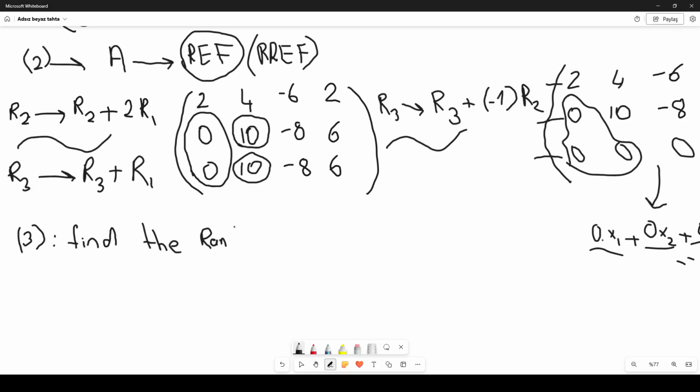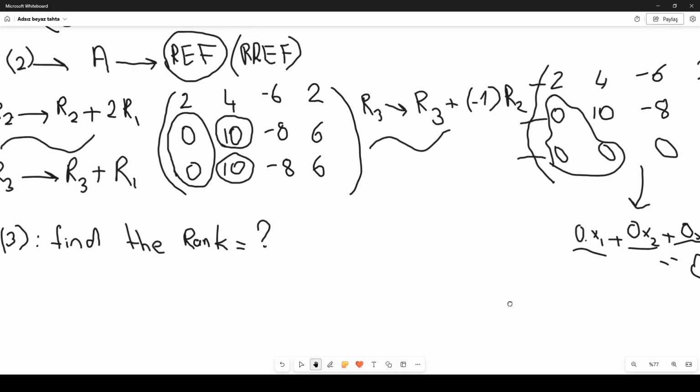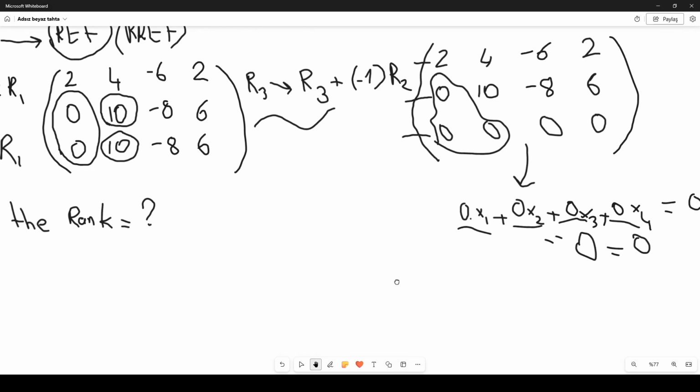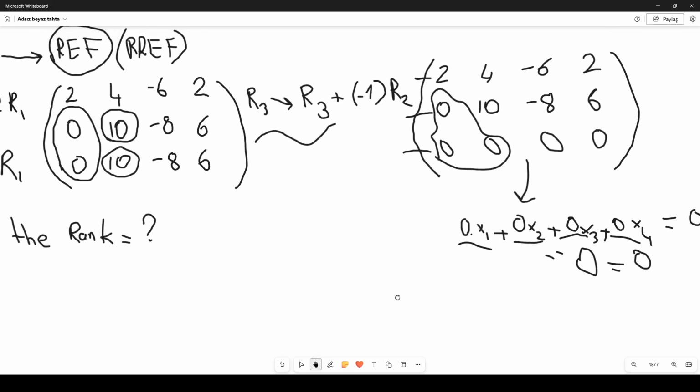So how can we find the rank? We reduce our given matrix into either row echelon form or reduced row echelon form and just count the number of non-zero rows, or the number of pivotal positions, or the number of basic columns that we have learned in our previous lectures, and this is the rank.